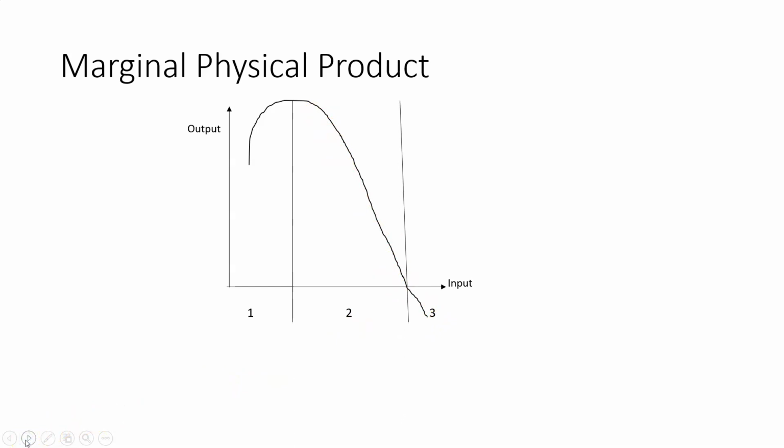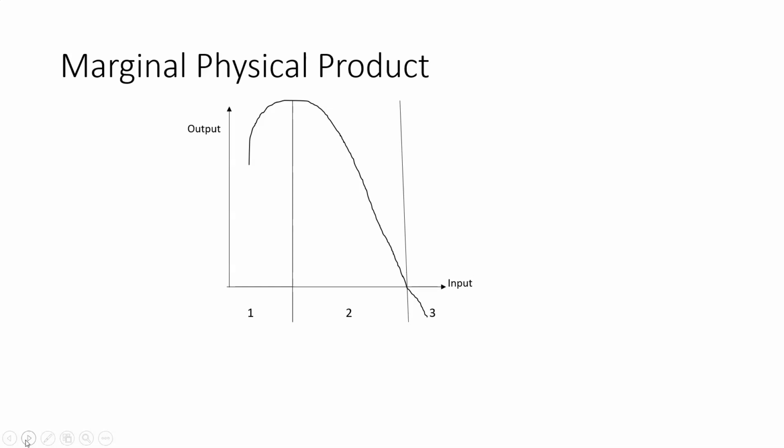What we see is that there are 3 distinct regions of this graph. One in which the marginal physical product increases, and if you flip back to the slide before, you'll see that corresponds with the first, second, and third tons of fertilizer.